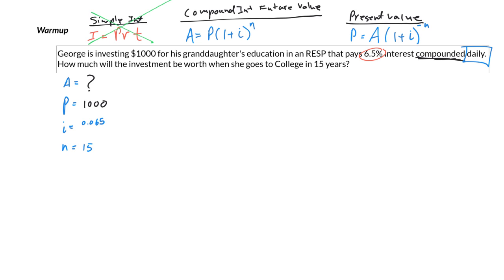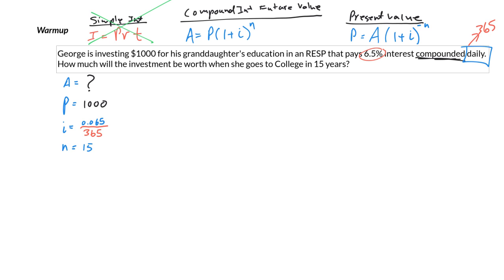Now, you remember what I told you about this. When we're compounding something daily, what we have to do is take the rate and divide by the compounding number, and then take the years and multiply by the compounding number. So when we're compounding daily, we're actually compounding by 365 days in 1 year. That means we have to take 0.065 and divide by 365.